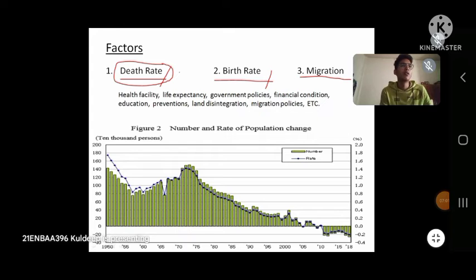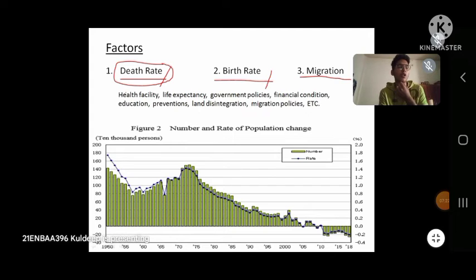The birth rate always follows the death rate. If we control the death rate, the birth rate will also be controlled on its own. Now let's see one by one what factors may help in controlling the death rate and birth rate.